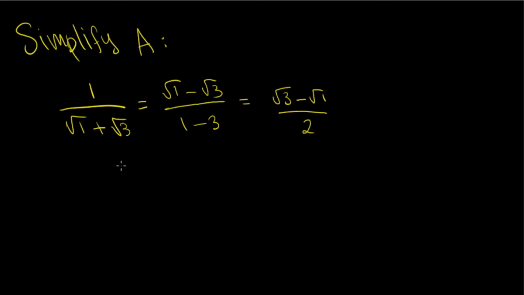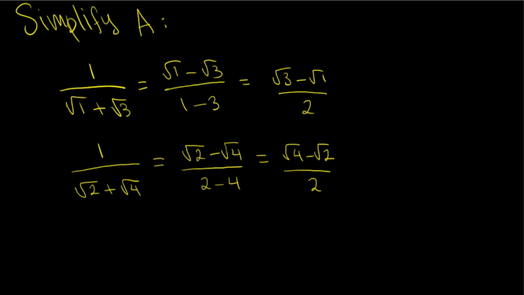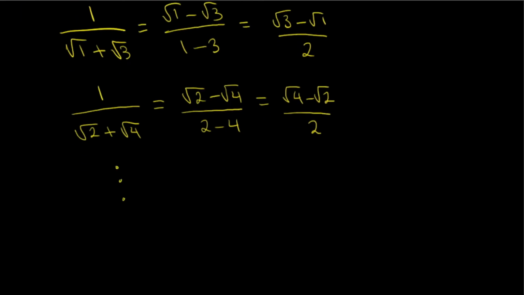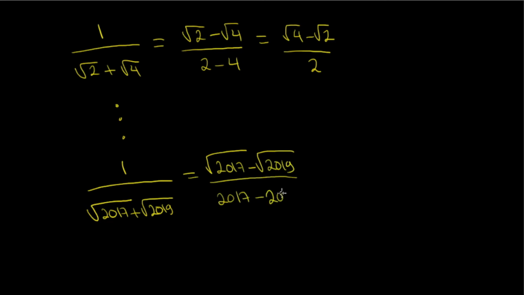Then the second term in a similar way, because the square roots in the denominator differ by 2, again we have square root of 4 minus square root of 2 over 2. And we can continue this up to the 2017th term. We get this simplified form, square root of 2019 minus square root of 2017 over 2.